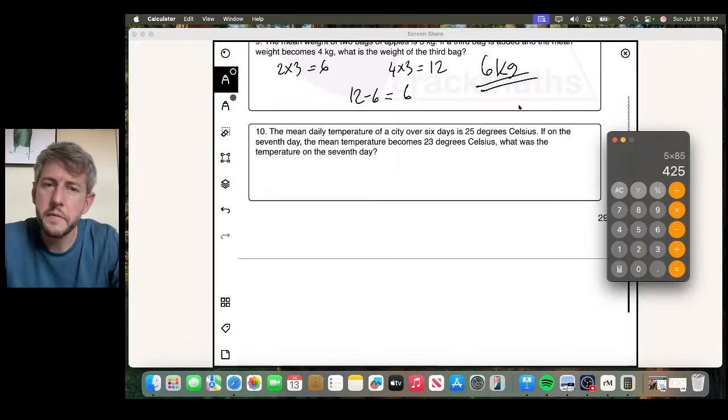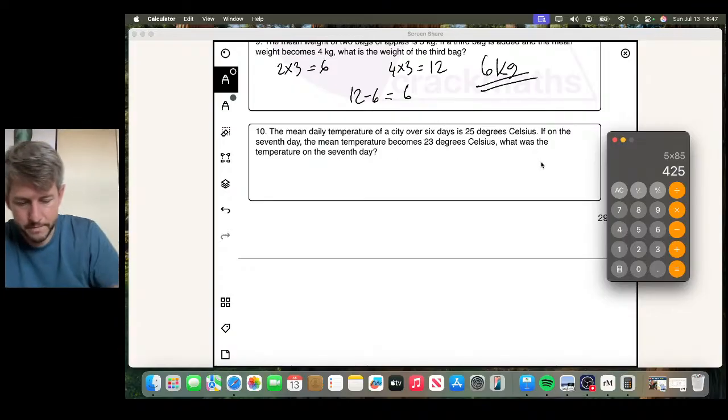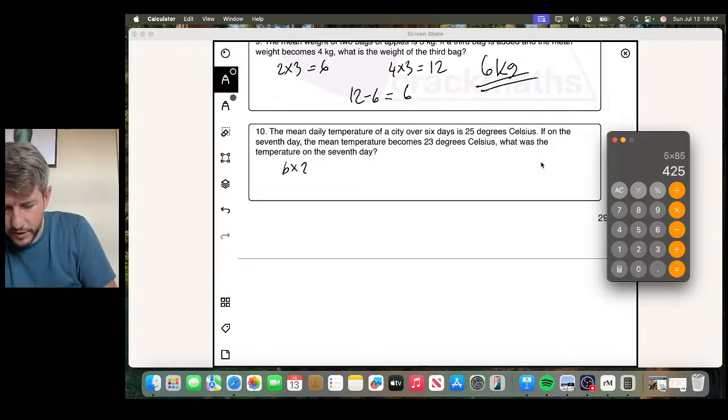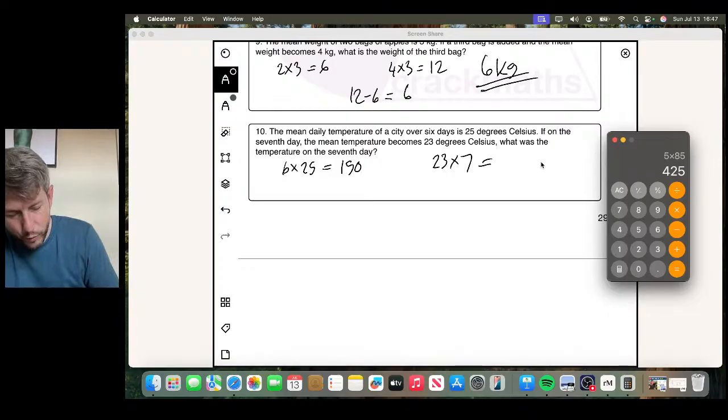Right, question 10. The mean temperature of a city over 6 days is 25 degrees Celsius. If on the 7th day the mean temperature becomes 23 degrees Celsius, what was the temperature on the 7th day? Okay, so 6 times 25 equals 150. 23 times 7 equals 140 plus 21, so 161.